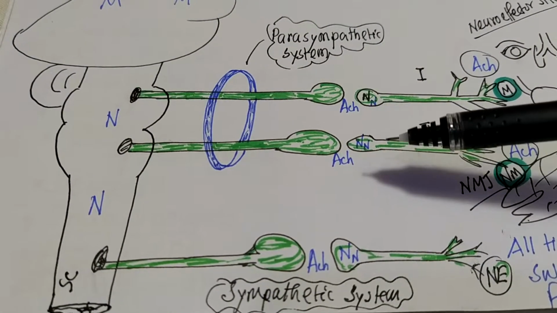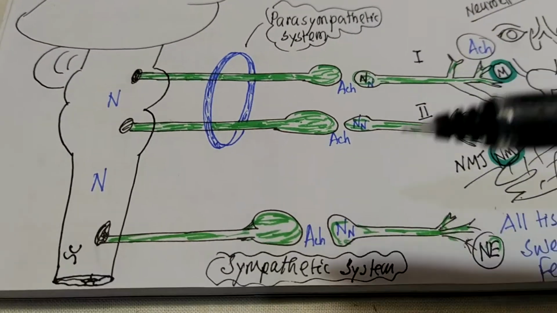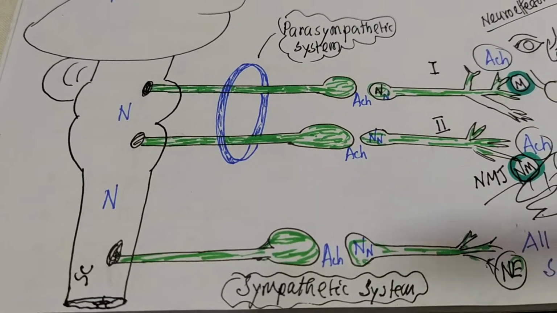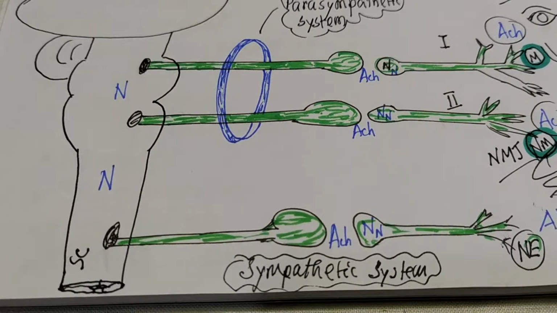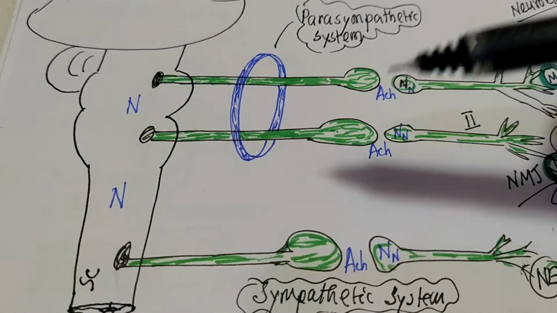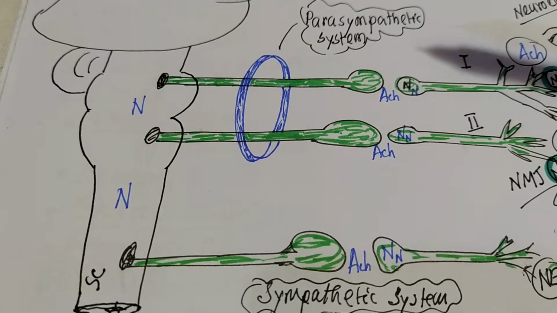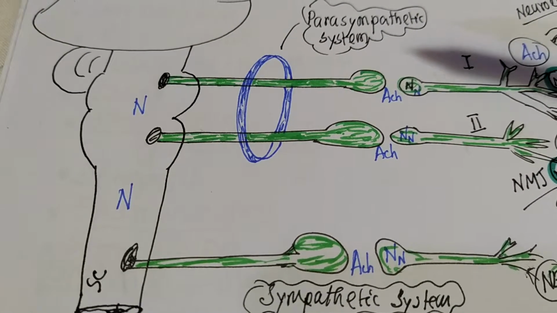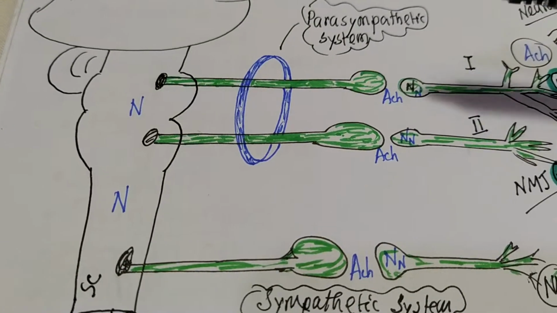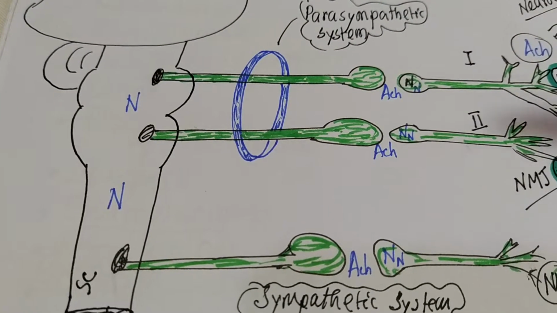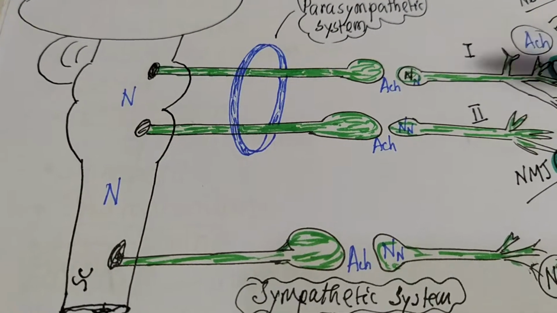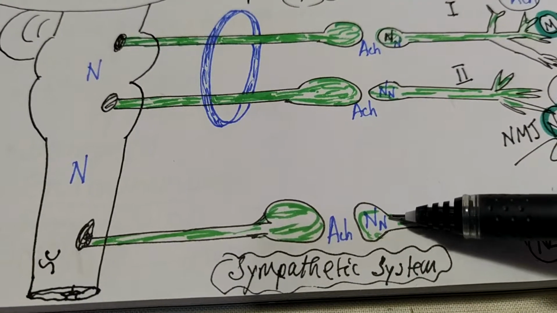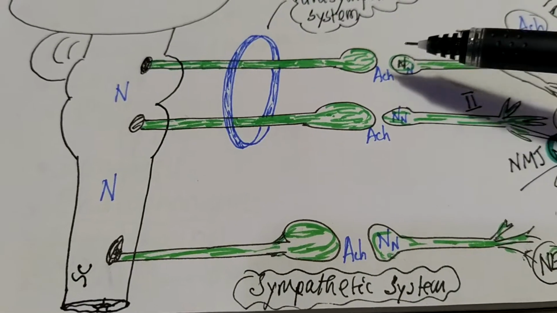Mind it. The released acetylcholine acts on the postganglionic membrane, and the receptor located in the postganglionic membrane is a single type, that is nicotinic type, very specifically NN type.